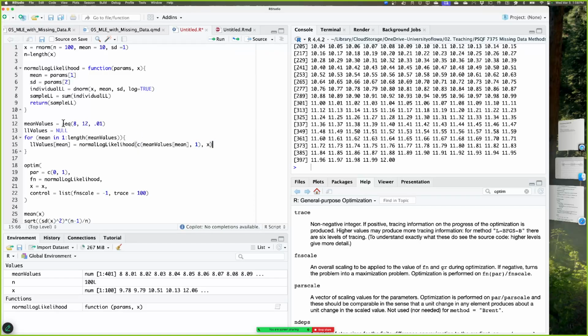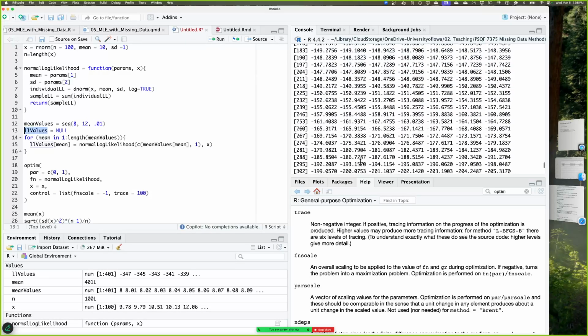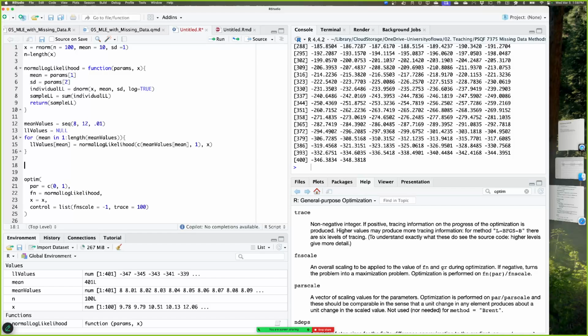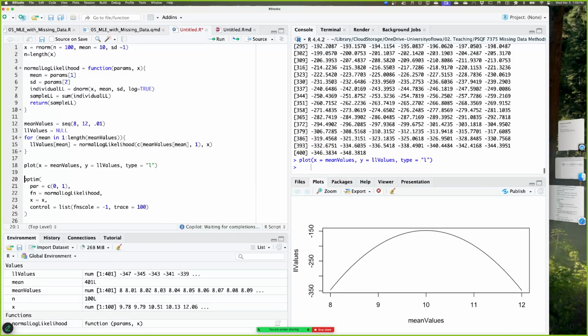At the end of this, I have a vector of log likelihood values for each value of that mean. So what I'm looking to plot is, on the x-axis, the mean values, on the y-axis, the log likelihood values, and the type of plot I'm going to make is a line plot. So this is telling you what the log likelihood value is.